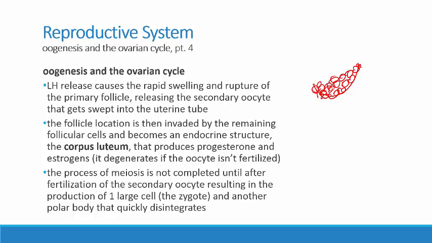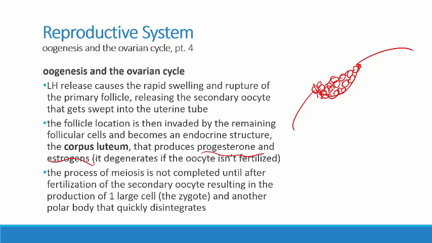And it becomes a structure at the surface of the ovary that is referred to as the corpus luteum. The job of the corpus luteum then is to produce progesterone and estrogens and send those hormones out into the bloodstream. The uterus is going to respond to those hormones.